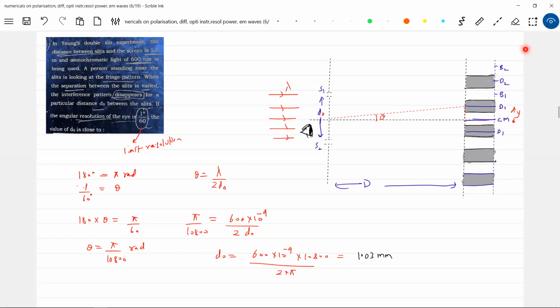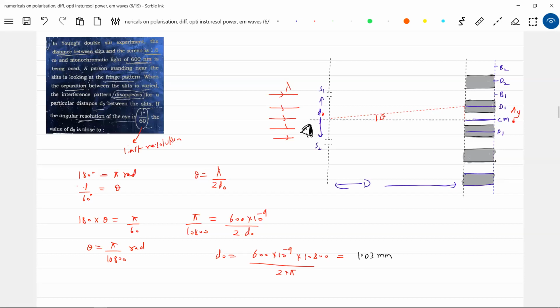The same thing, if you do it for D1 and D2, if these two are unable to be distinguished, in that case the answer will be, I think, 2 times we have to take it, no? The bright and dark fringe, what happens if they merge here?